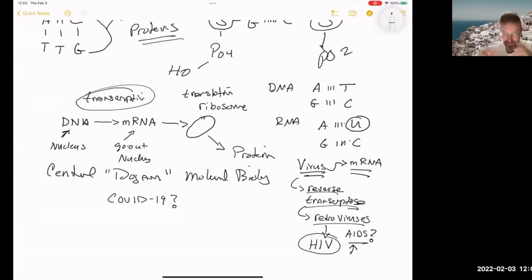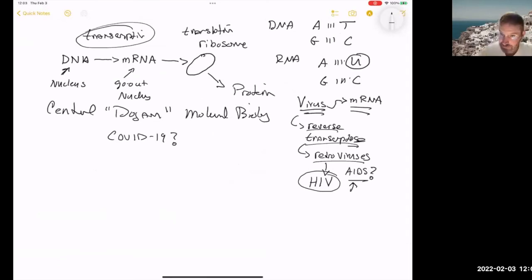COVID-19 is the disease that is caused by SARS-CoV-2. SARS stands for severe acute respiratory syndrome. CoV stands for coronavirus 2.